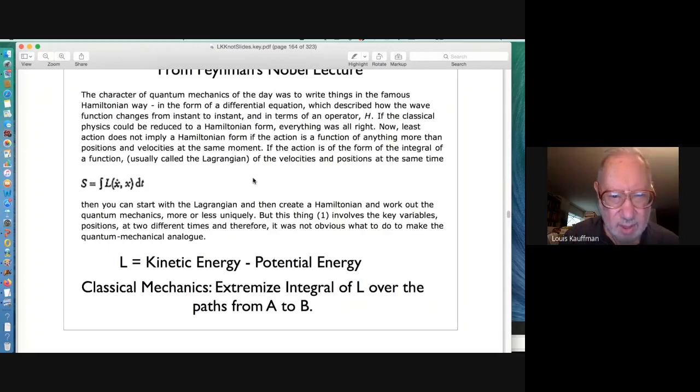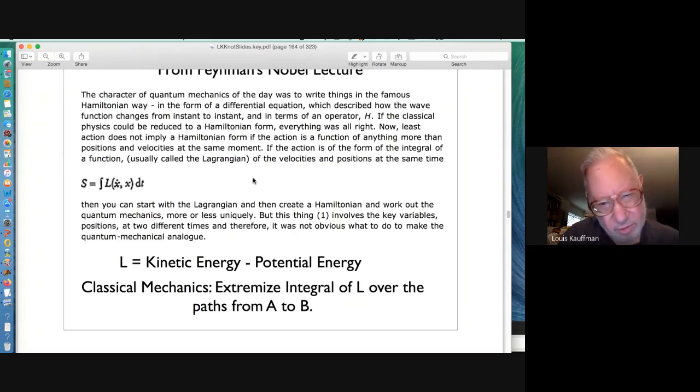As you know, the Lagrangian in most situations is the kinetic energy minus the potential energy, and classical mechanics comes from extremizing the integral of the Lagrangian over paths from A to B. And what Feynman discovered was that if you take e to the i Lagrangian over h bar and integrate that over all paths, you get the amplitude for the quantum wave function.